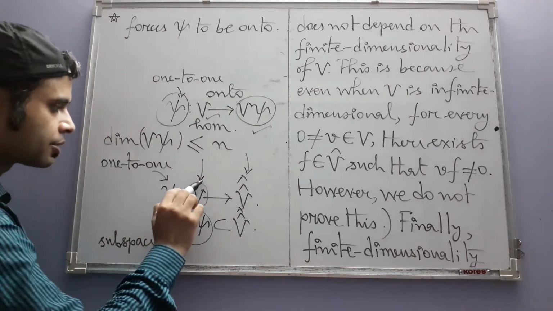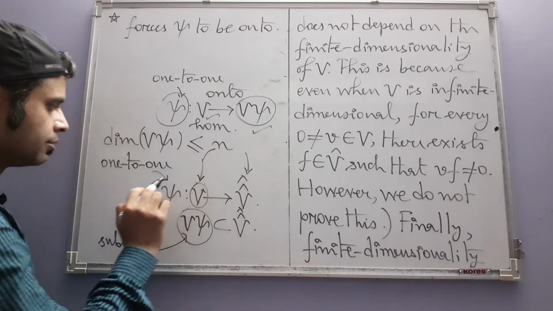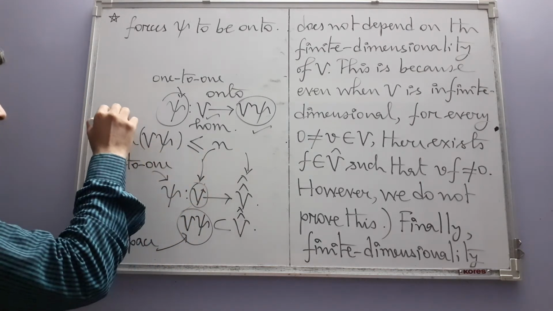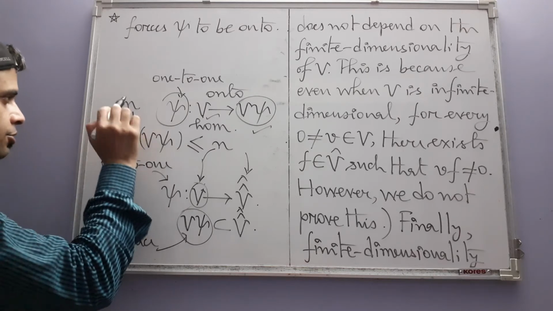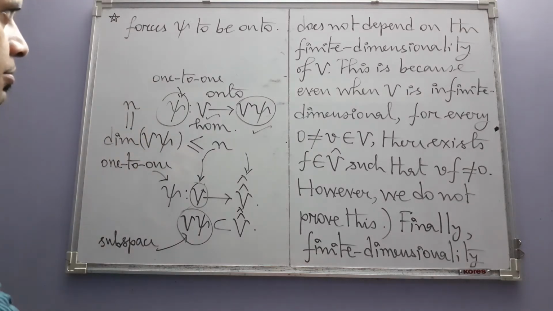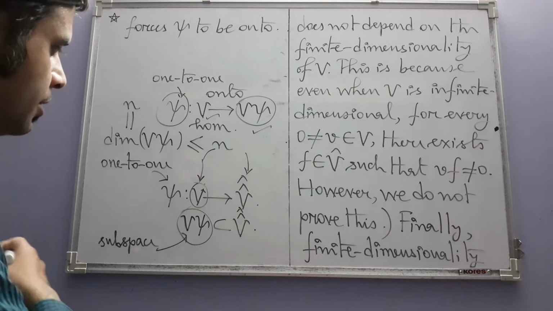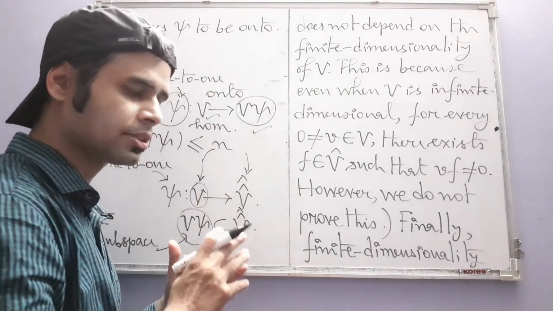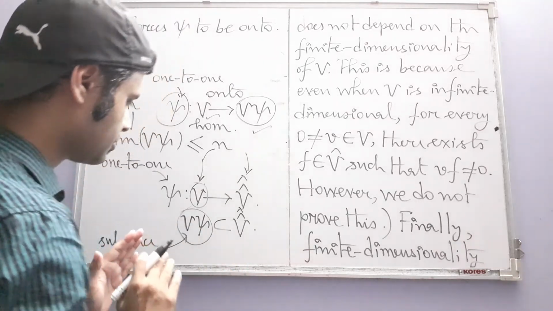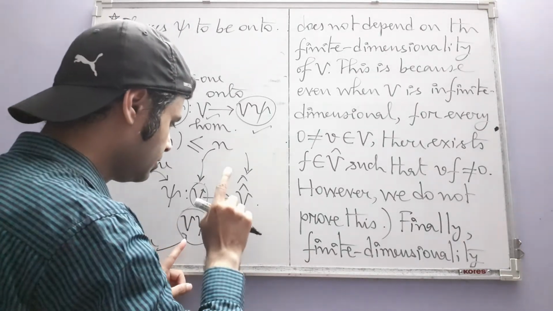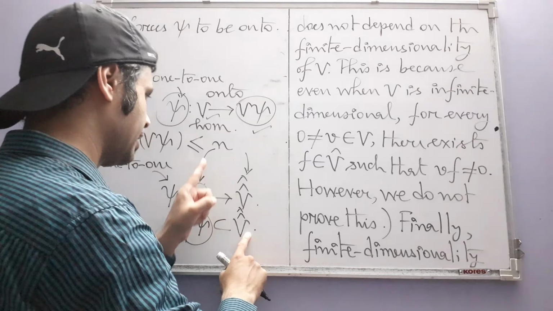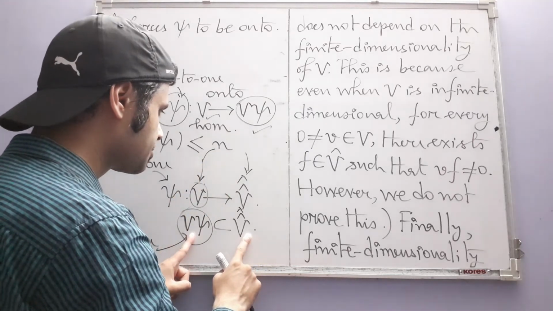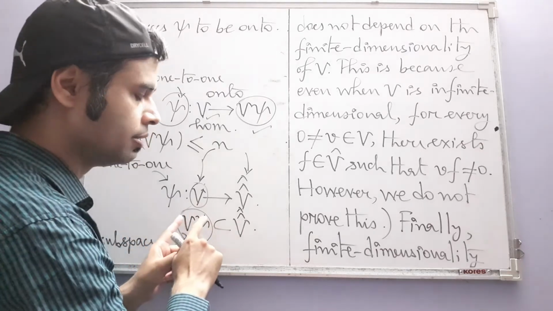But what is the dimension of V? N. So this, although it's less than or equal to n in general, in this case is actually equal to n. Now from the general theory of dimensions, we know that in a vector space of dimension n, we cannot have a proper subspace whose dimension is also n.